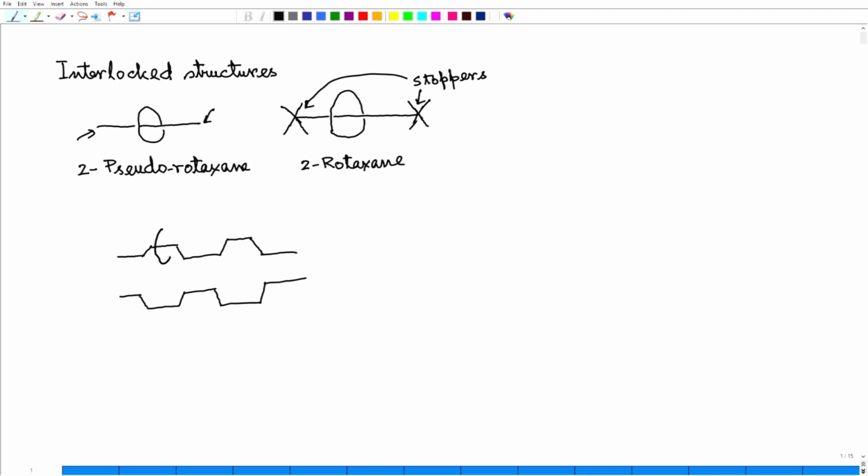You can put one here and one here connected, and then you can put one here and one here connected.